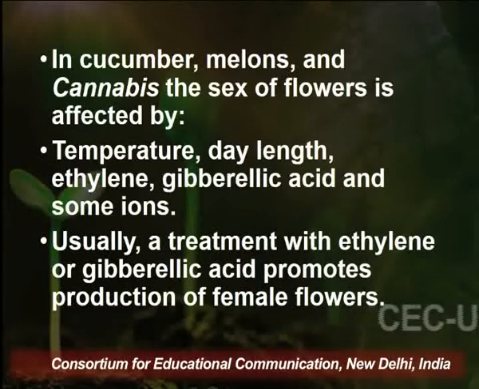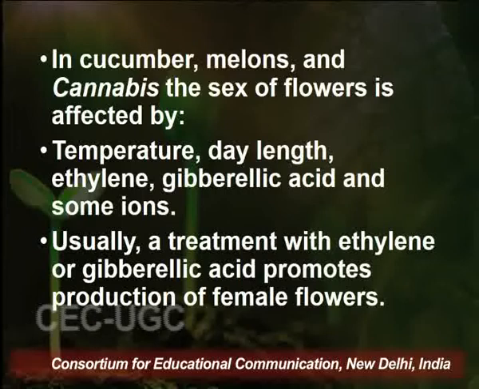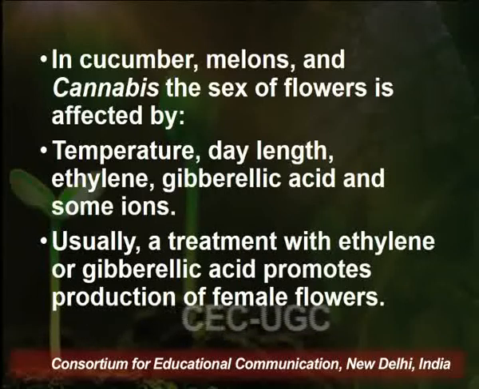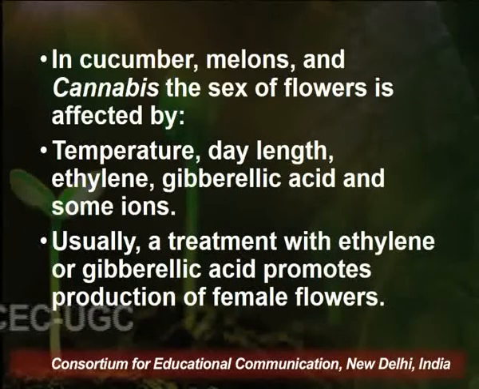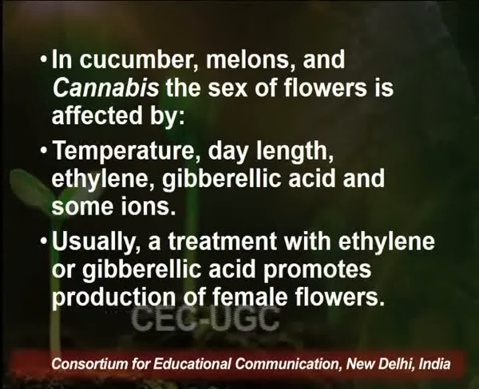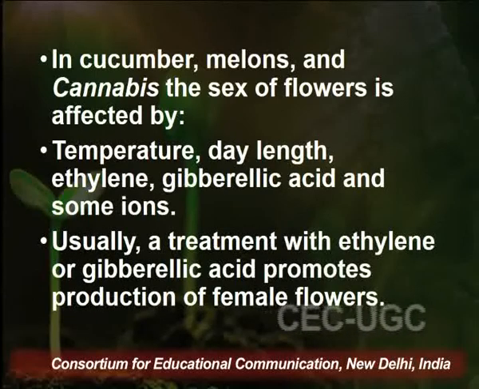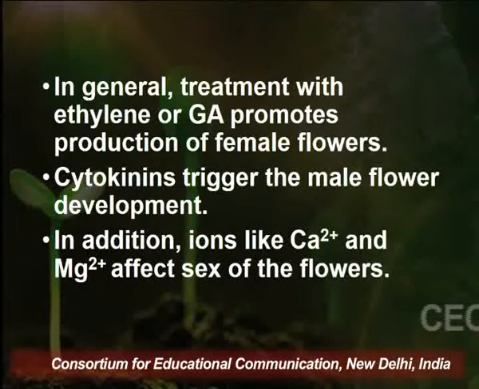In cucumbers also, in melons also, we find that the sex of the plants can be modulated by temperature, day length and various hormones. In addition, there are various ions also which are modulating the sex of an individual.